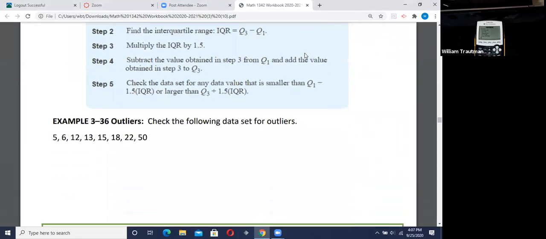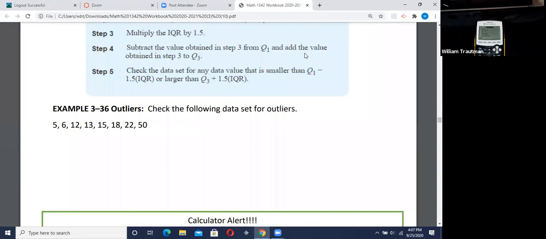Check this data for outliers. The formula for outliers, once again, is Q1 minus 1.5 times the IQR, and then Q3 plus 1.5 times the IQR.